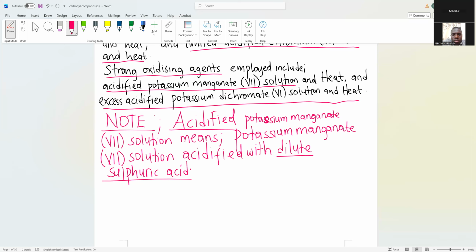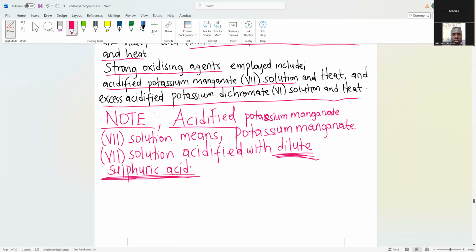Please take note of this. Acidified manganese 4 oxide, acidified chromium 6 oxide, I mean something acidified with dilute sulfuric acid.